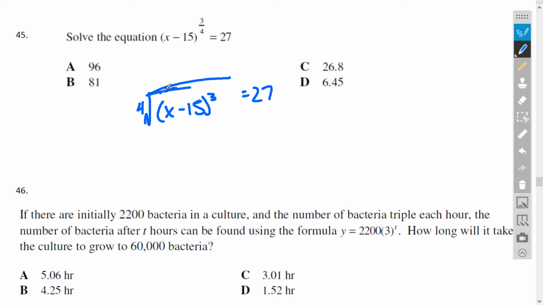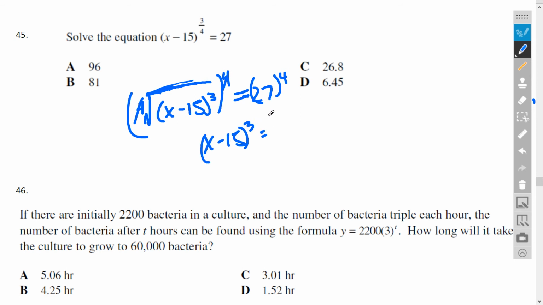Okay, because remember, with rational exponents, the denominator of the rational exponent is the radical. So if we wanted to solve this, we would first have to raise both sides to the 4th power to get rid of the 4th root. So that would leave us with x minus 15 to the 3rd power equals 27 to the 4th, which is a massive number.